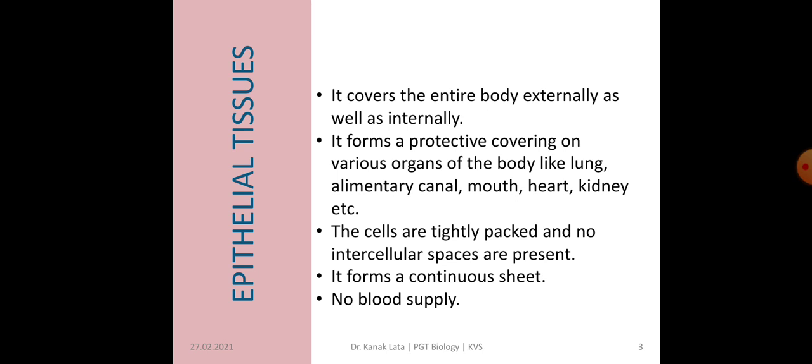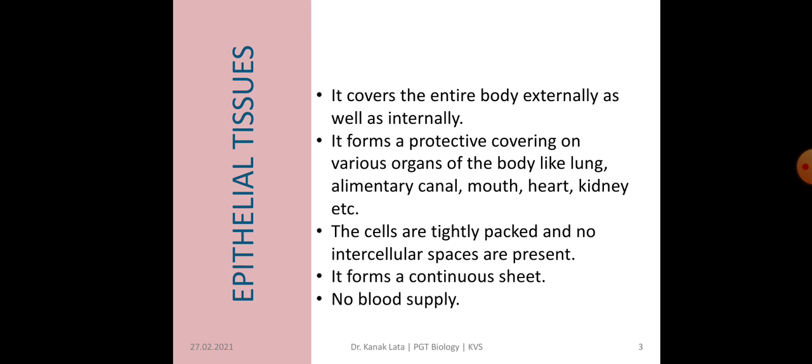Let us discuss epithelial tissues. Epithelial tissues cover the entire body externally as well as internally. Means it is present on the external body surface, also on the lining of internal organs.